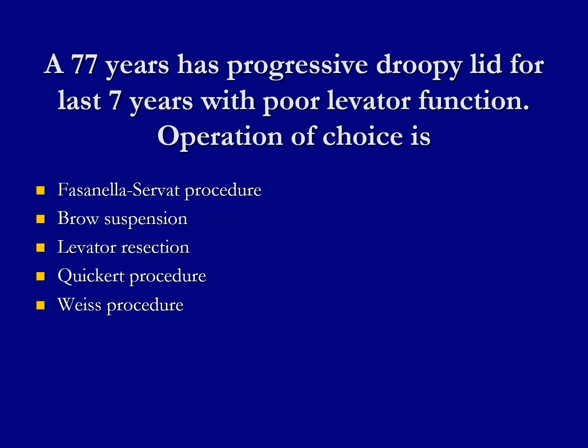The next MCQ is, a 77-year-old has a progressive droopy lid for the last 7 years. It can be 77, 87, 57, 78, and it may be for the last 7 years, 9 years, 8 years, 6 years. So that's how we can change the stem. So the stem is progressive droopy lid for 7 years with poor levator function. Operation of choice is, this time it is not good levator function, it is poor levator function.